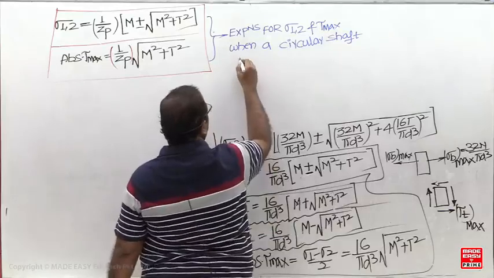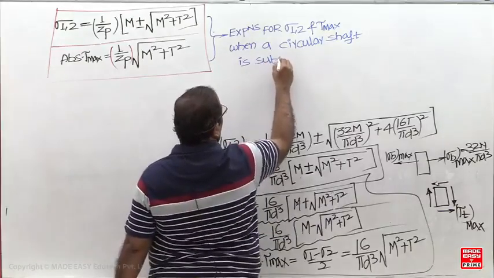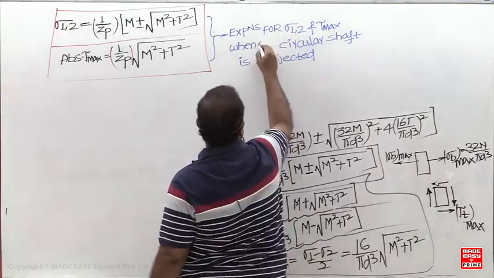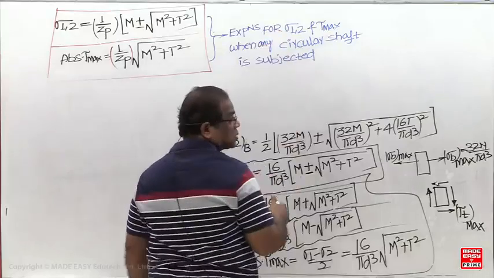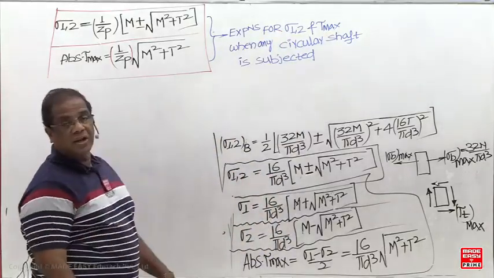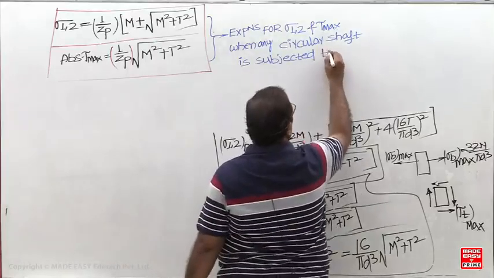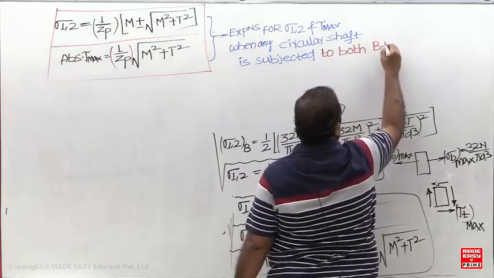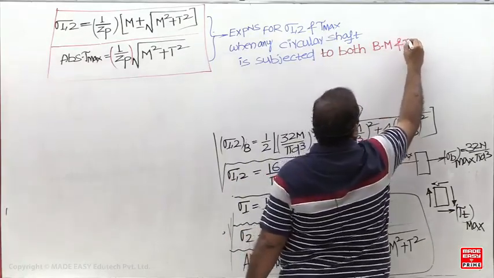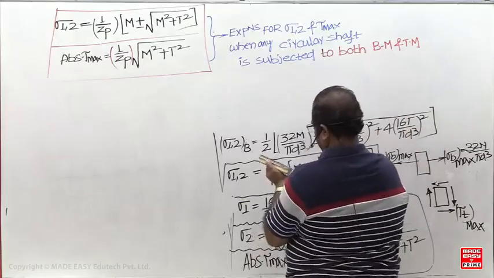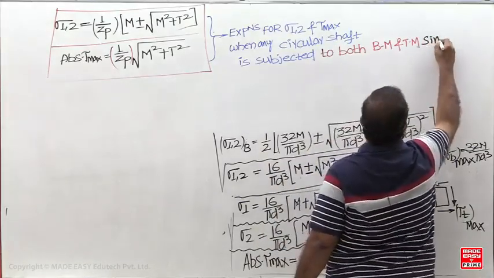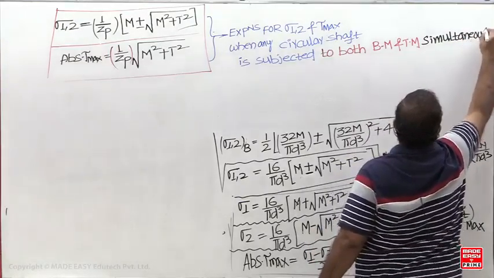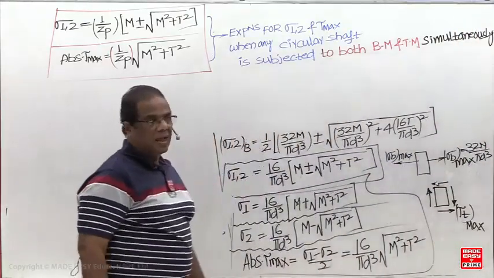When a circular shaft is subjected to bending and twisting simultaneously, any circular shaft means a solid circular, hollow circular, thin hollow.